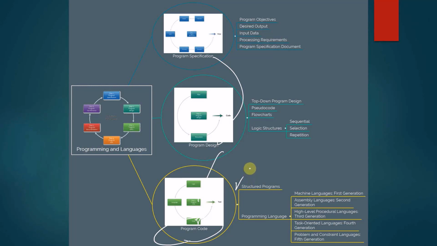Structured programming is basically using the logic structures that we've talked about and writing them in a programming language, because all of this is structured. We do that using what's known as a programming language.